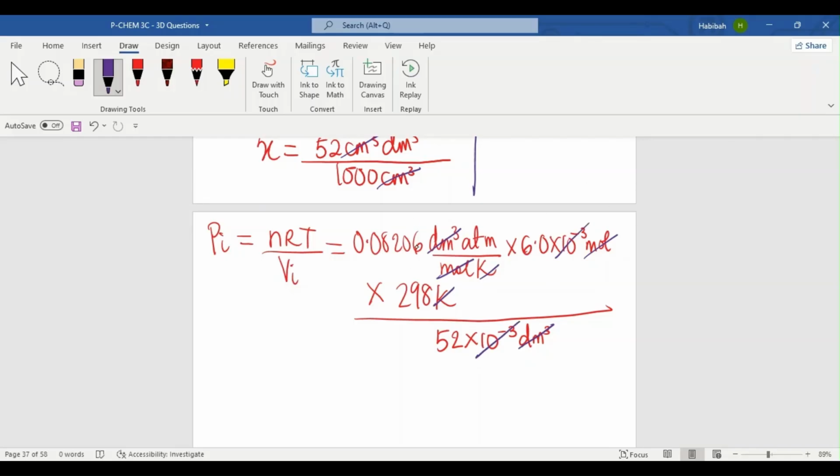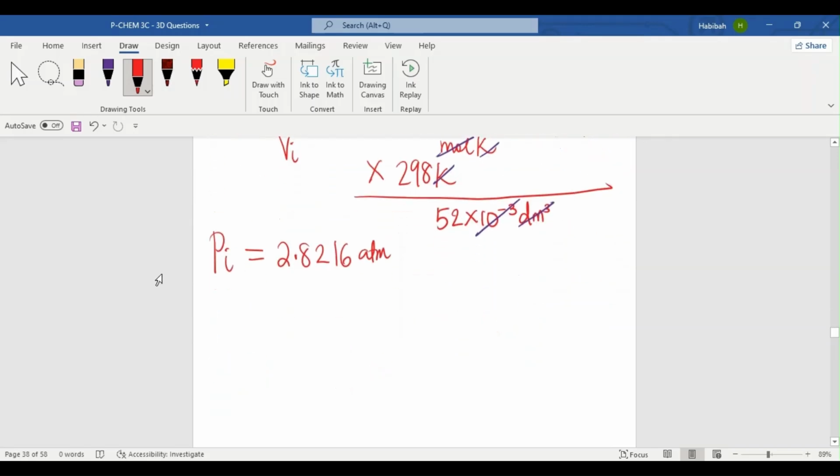So now we just input in the calculator: 0.08206 times 6 times 298 divided by 52. When you input that in your calculator, we end up getting 2.8216 atmospheres.